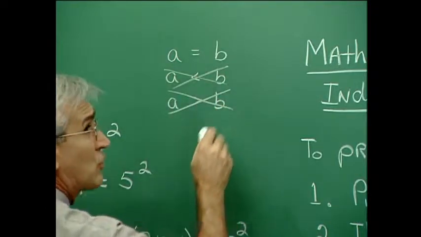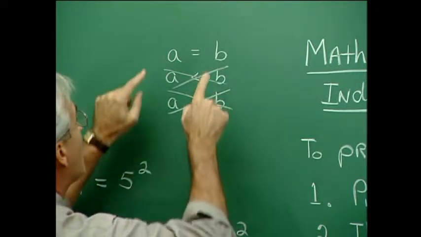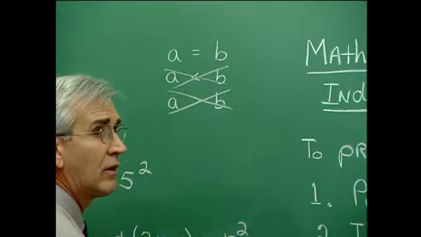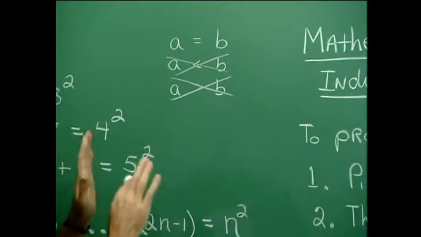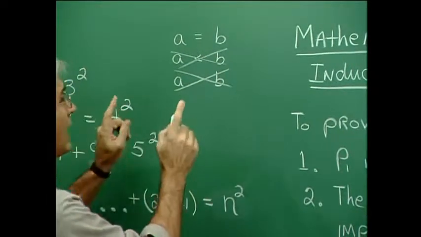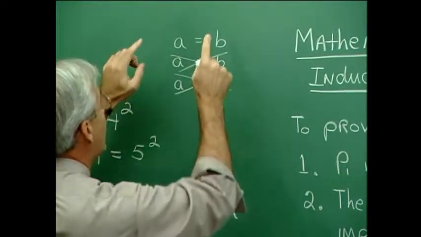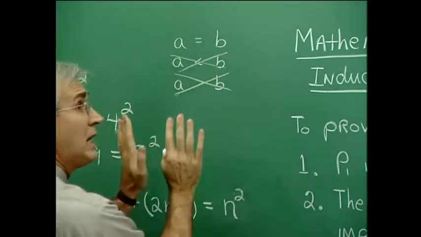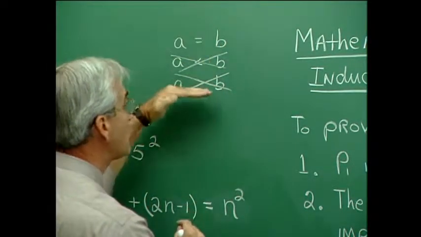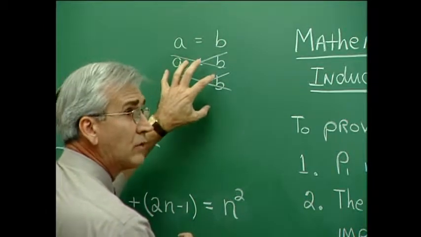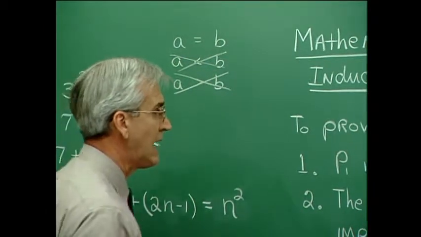Then we have by default shown that the 2 items are equal to one another. So that's an idea of indirect proof. We're not actually proving directly that A is equal to B, but we show it indirectly because there are only 3 possibilities and we take out 2 of them. All right, so that's the idea of indirect proof.